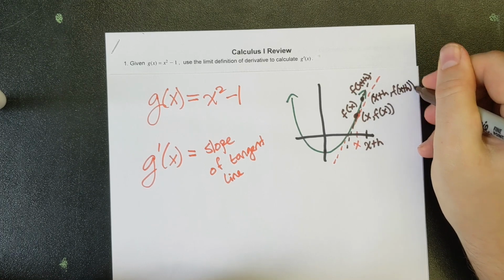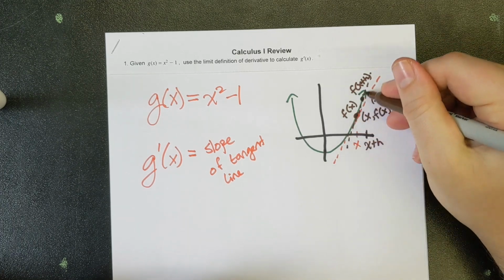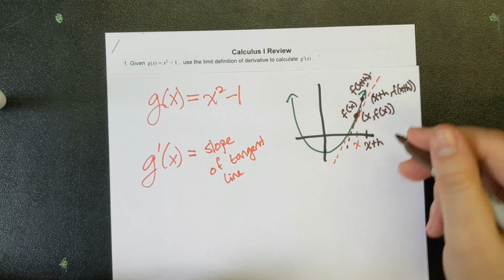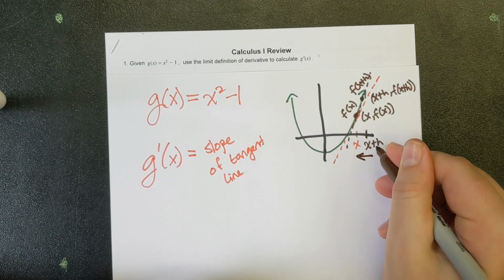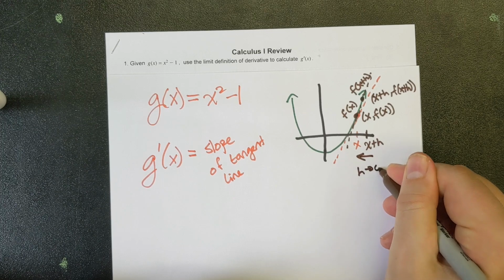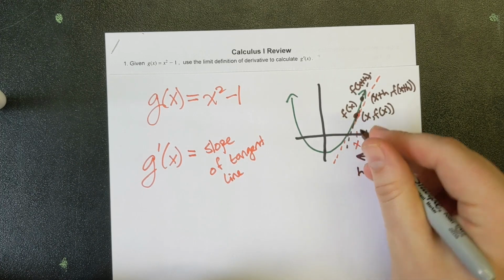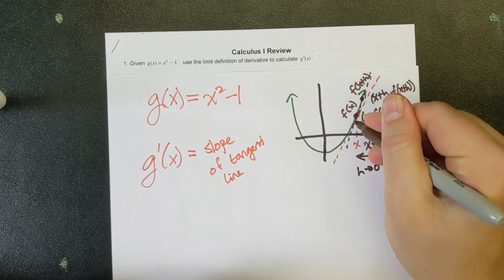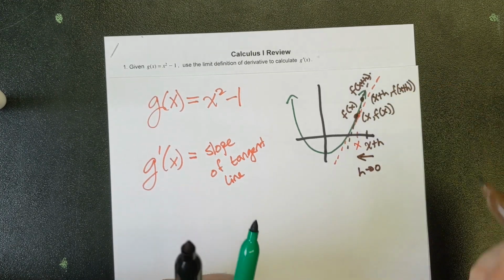And the secant line isn't exactly the tangent line, but as this h gets smaller and smaller, as h goes to 0, these 2 points will come closer and closer, and the secant line will get closer and closer to the tangent line.